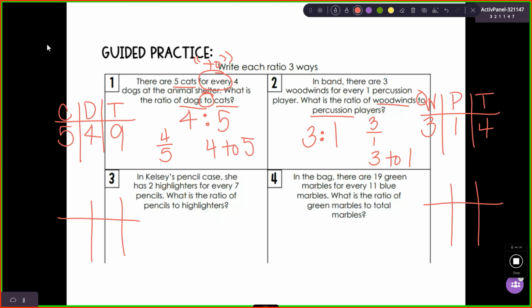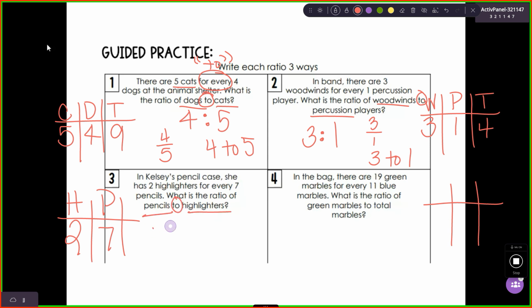Now, looking at 3. In Kelsey's pencil case, she has 2 highlighters for every 7 pencils. What is the ratio of pencils to highlighters? So here we go again. We got some highlighters. How many is it? 2. And then we got some pencils. And what is it? 7. And then it wants pencils to highlighters.